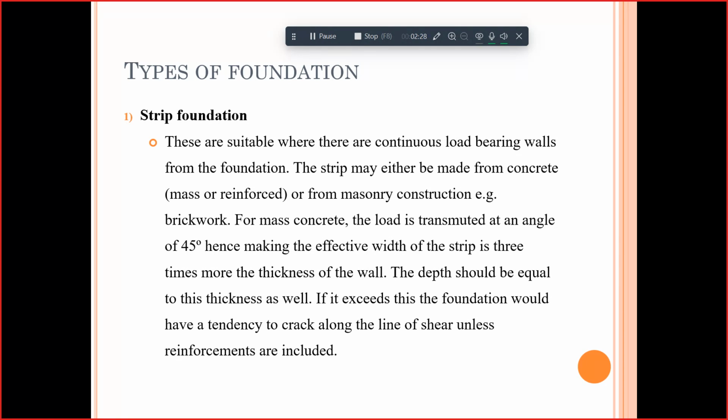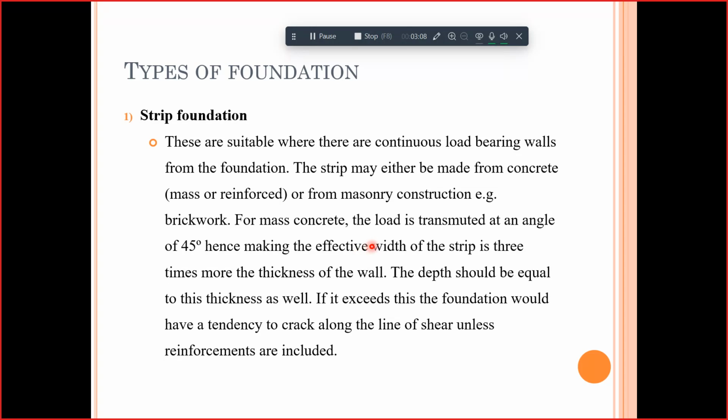We are going to see the types of foundation. Who can read for us the type of foundation one? Minor, you can read for us the first. There is strip foundation. These are suitable where there are continuous load-bearing walls. The strip may either be made of concrete, that is mass or reinforced, or from masonry construction, e.g. brickwork.